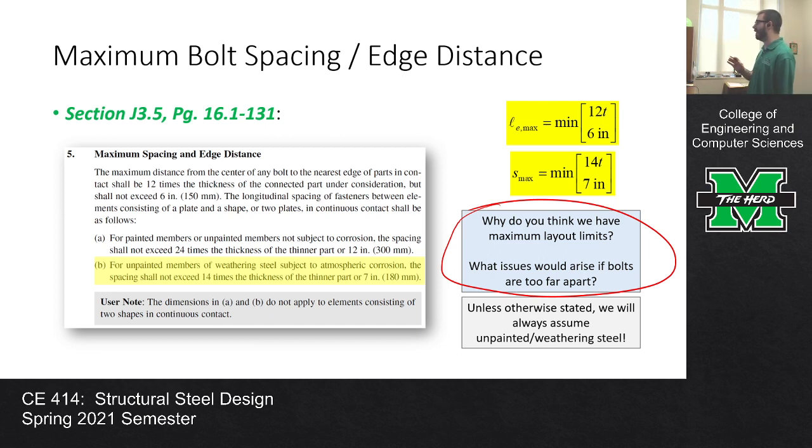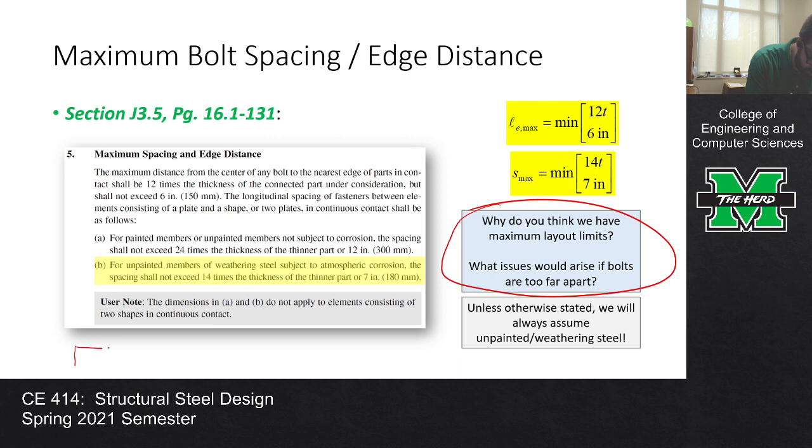Let's talk about this practically. When you take two plates and connect them together with a bolt or a series of bolts, the idea is to compress those plates together, right? Well, if those bolts are really far apart, you think this might happen?